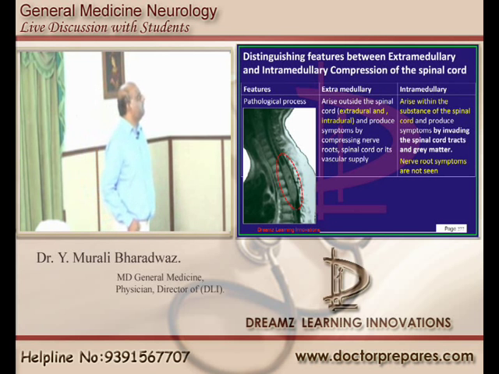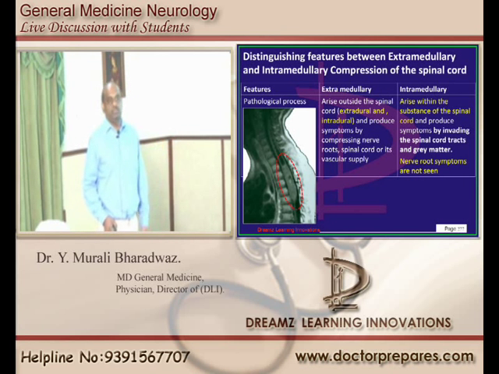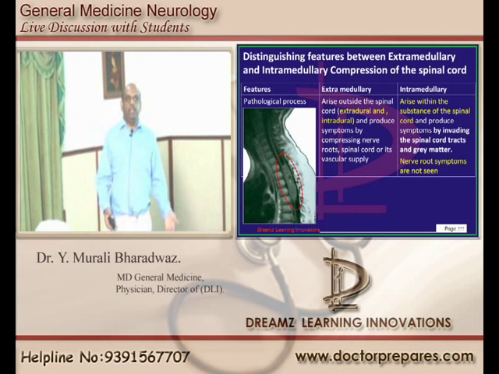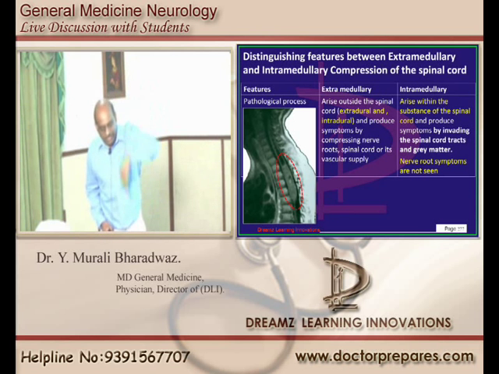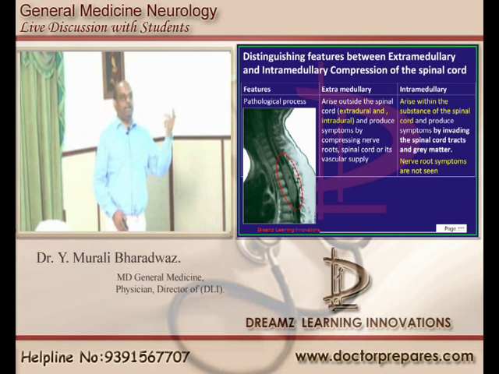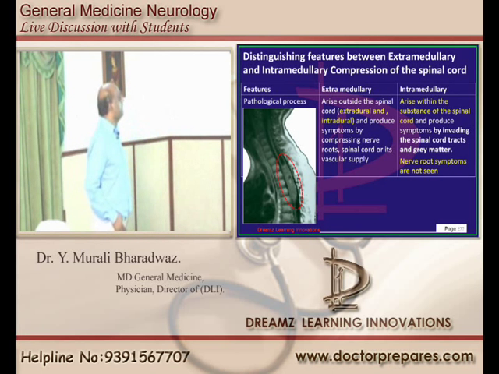That's how it will. Whereas intramedullary, it is an enemy in the home. After everybody sleeps at night, it will kill everybody. So it will be invading the ascending tracts, descending tracts, anterior horn cells, and then do the destruction, intramedullary. That is its method of destroying.